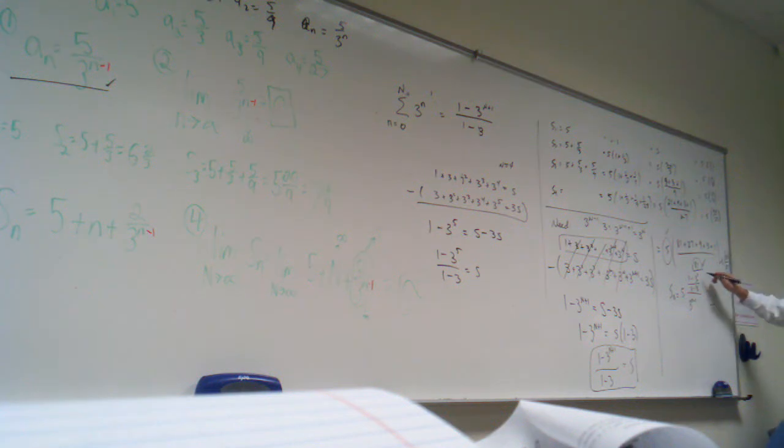So if I put 2 into this one, I get 1 minus 9 over 1 minus 3, is negative 8 over negative 2, is 4. Hey, that's A2. If I put 3 in, I get 1 minus 3 cubed over 1 minus 3, which is 1 minus 27 over negative 2, which is 13.